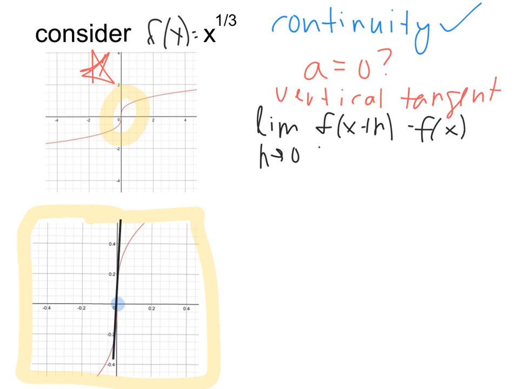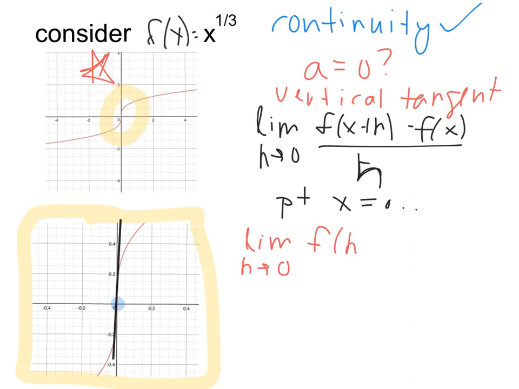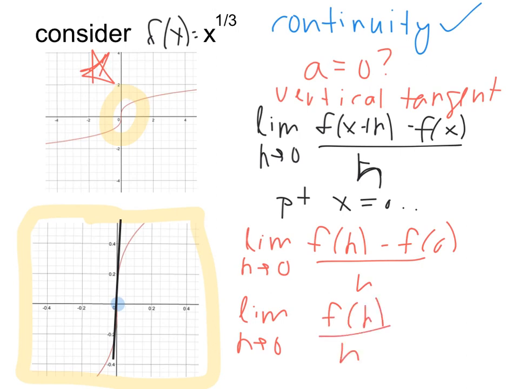So we're going to go ahead and plug some things in. We know that we're at the point where x is equal to 0, so I'm just going to substitute that into my limit formula. So we have the limit as the distance between our two secant points used to estimate the tangent is getting closer to nothing. If x is 0, that's just f of h minus f of 0 over h, which is just f of h over h.